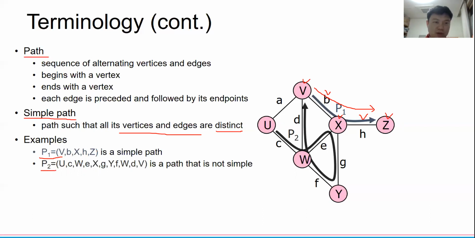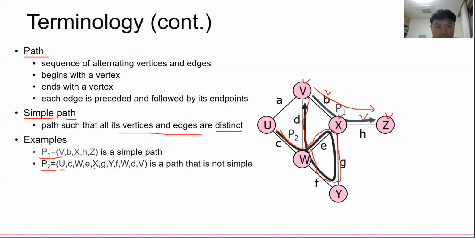But what about a path which is not simple? We have P2. The P2 starts from U, and then it goes to C, and then to W, and then to E, and then to X. It goes to G, and then Y, and then F, and then W, and then D, and then V. Now you can see this is a path, but it is not simple.